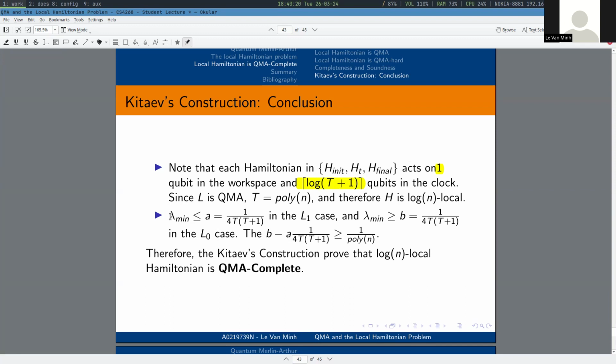We also have that the eigenvalue is less than a, equal to 1 over some polynomial in the yes case, and the minimum eigenvalue is larger than b over some polynomial of n in the L0 case, so that we can have b minus a is some polynomial of n. Therefore, the Kitaev construction has proved that the log n local Hamiltonian is indeed QMA complete.